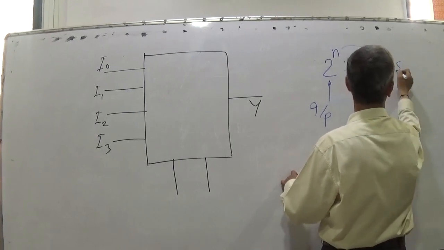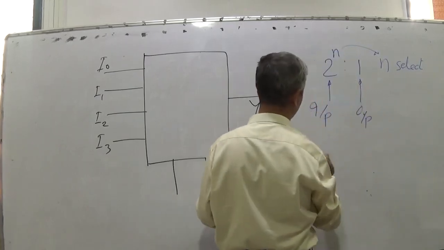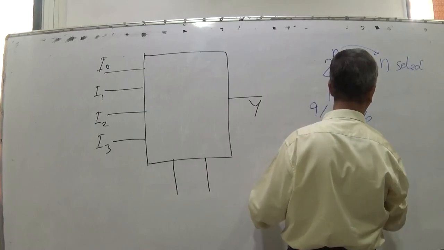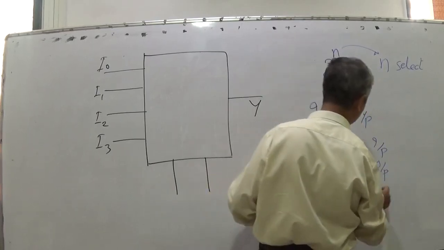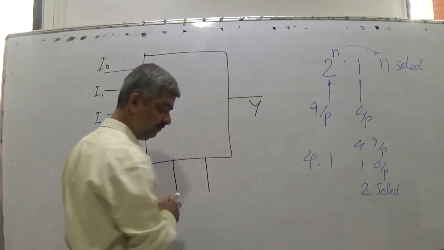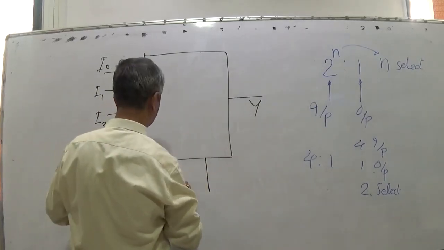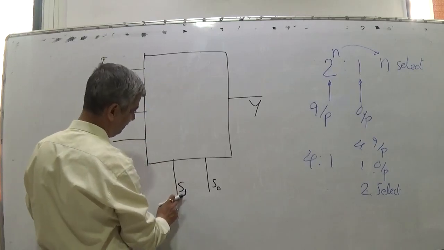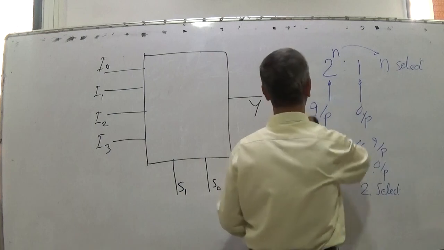So for a 4:1 multiplexer, 4 inputs, 1 output, and how many select lines? 4 is 2^2, so 2 select lines. So there will be S1 and S0. S1 is the most significant bit, S0 is the least significant bit. So what should the truth table of this multiplexer be?